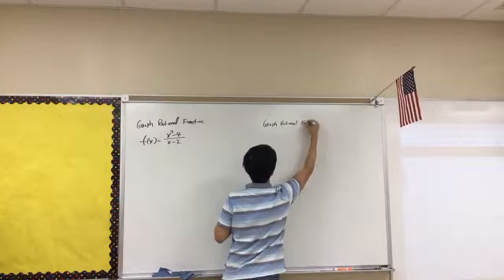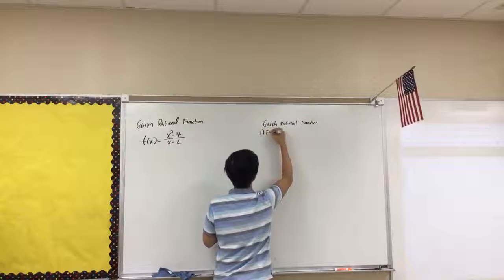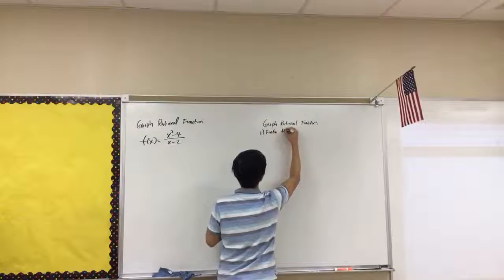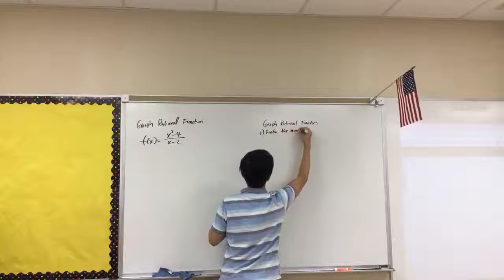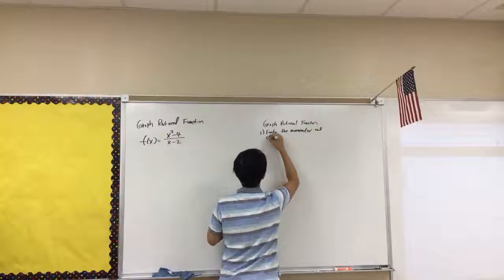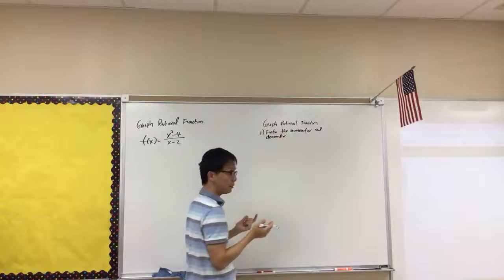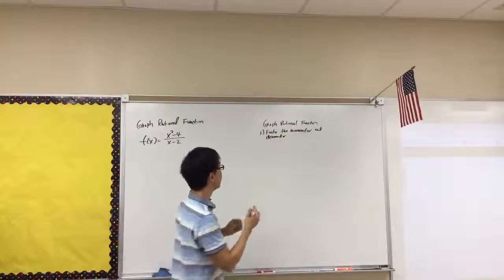The first step in graphing a rational function is to make sure you factor everything. Factor the numerator and denominator. Factor the top and bottom.